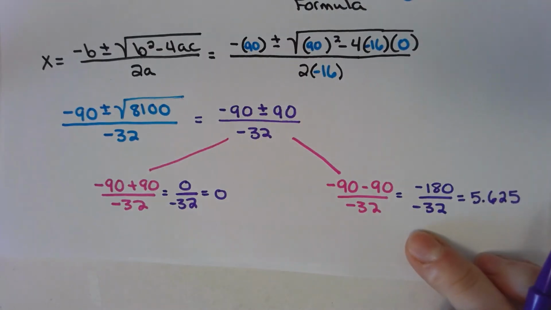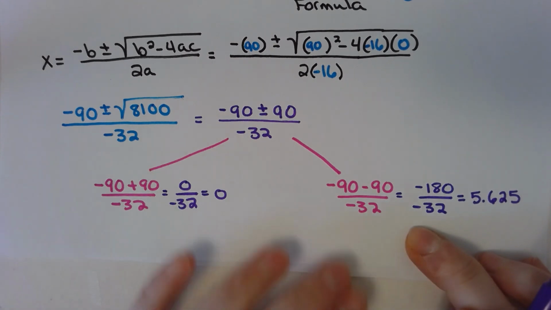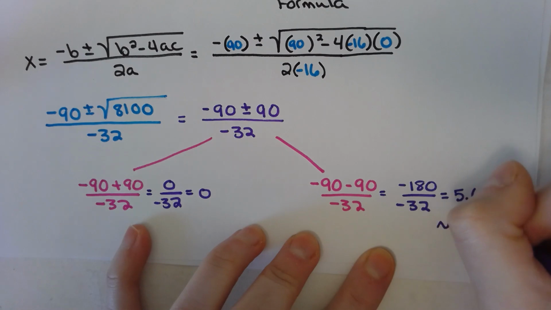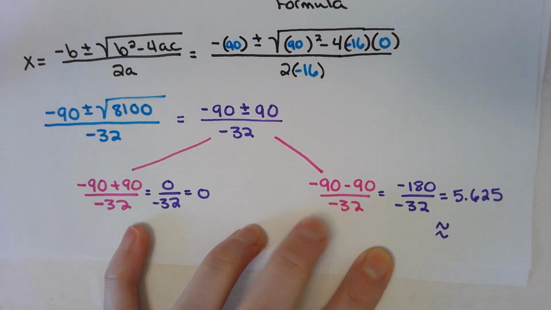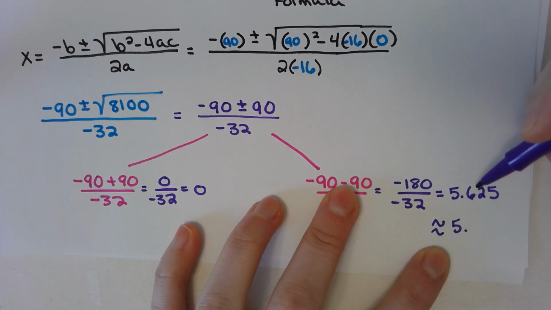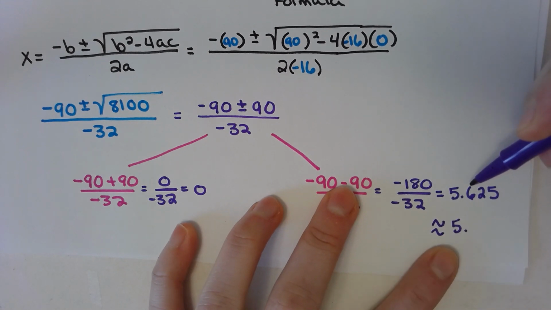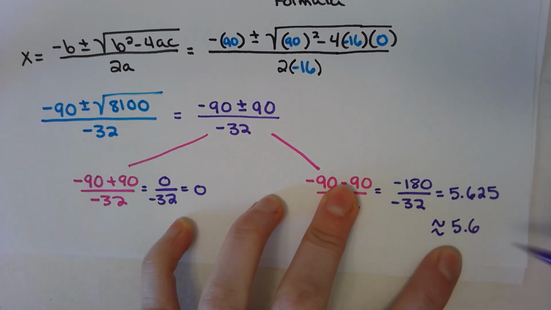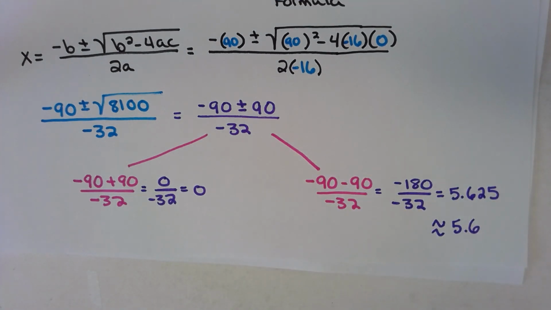Now, we do also want to round this one to the nearest tenths place, not hundredths. So I'm going to put my wavy line because I am going to round now. It's still going to be 5 point something, but we have to figure out if this is going to be 6 or change to 7. Since the number right after it is below 5, then that means we leave this one alone, and it's 5.6.